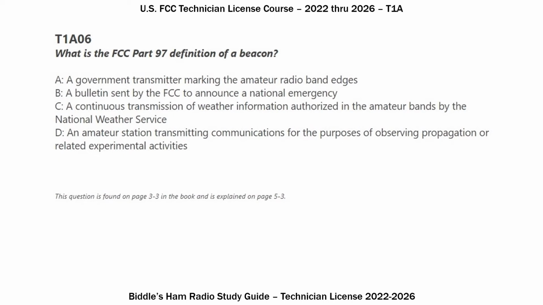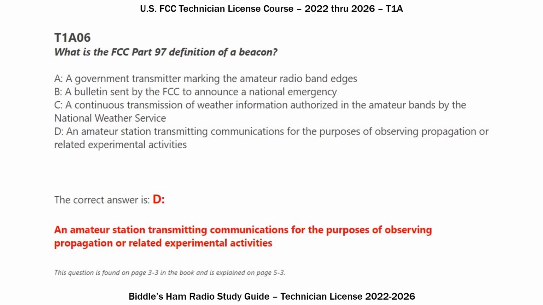Or D, an amateur station transmitting communications for the purpose of observing propagation or related experimental activities. And our answer is D, an amateur station transmitting communications for the purposes of observing propagation or related experimental activities.